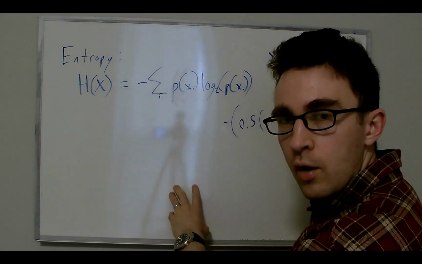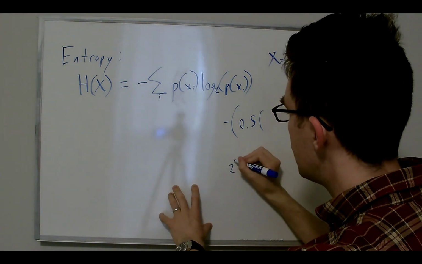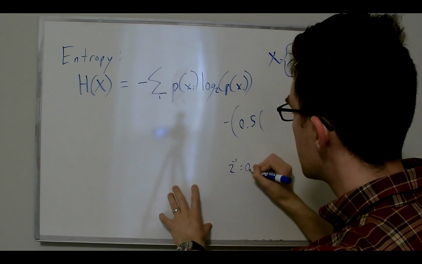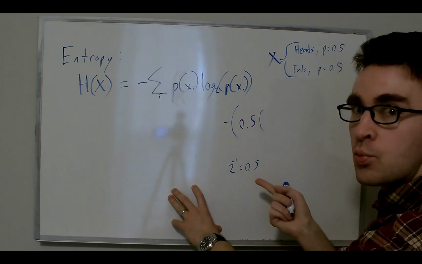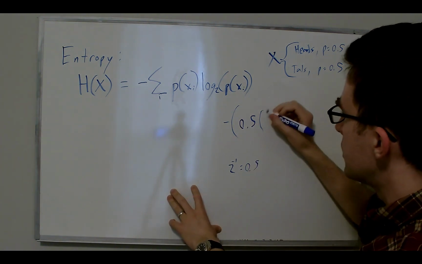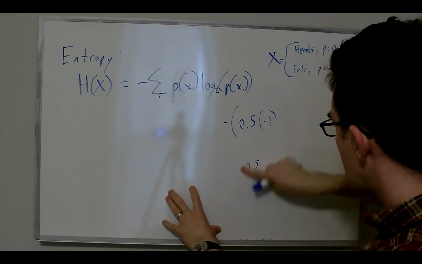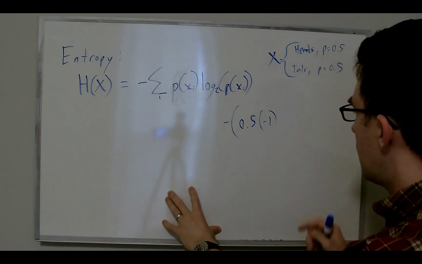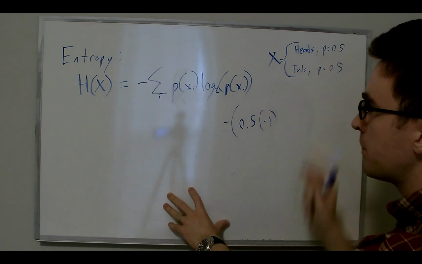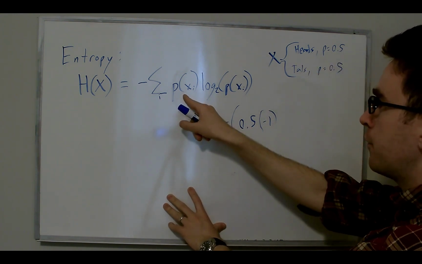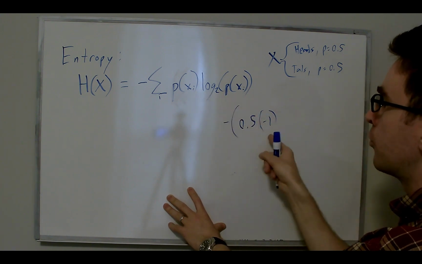The log base 2 of 0.5 is -1, because 2 to the -1 equals 0.5. If you need a refresher on how these logs work, look that up. But it's going to be -1. Let me quickly erase this. Okay, so that covers our first x_i, the heads: 0.5 times log base 2 of 0.5, which is -1.